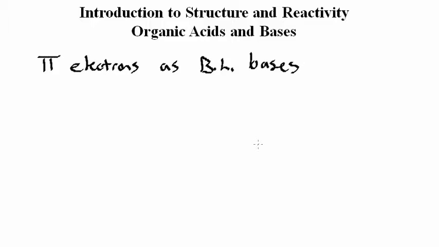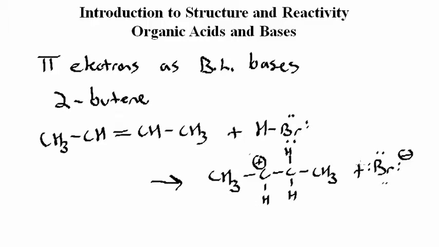So the pi electrons of the carbon-carbon double bond of 2-butene, for example, will react with strong acids such as H2SO4, H3PO4, HCl, HI, or HBr, as I have written out here, by proton transfer to form a new carbon-hydrogen bond. The result of this proton transfer reaction is formation of a carbocation, a species in which one of its carbons has only 6 electrons in its valence shell and carries a charge of +1.